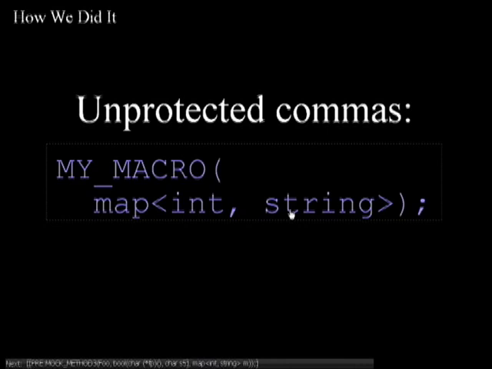The reason is that the preprocessor and the compiler sees a comma here, and it thinks that here ends the first argument, and the rest is the second argument. So you end up with a macro that has 2 arguments. The first one is map less int. The second is string greater than, which doesn't make any sense. So the problem is that you cannot have unprotected commas in a macro argument. So if we do it naively, we will run into this problem.